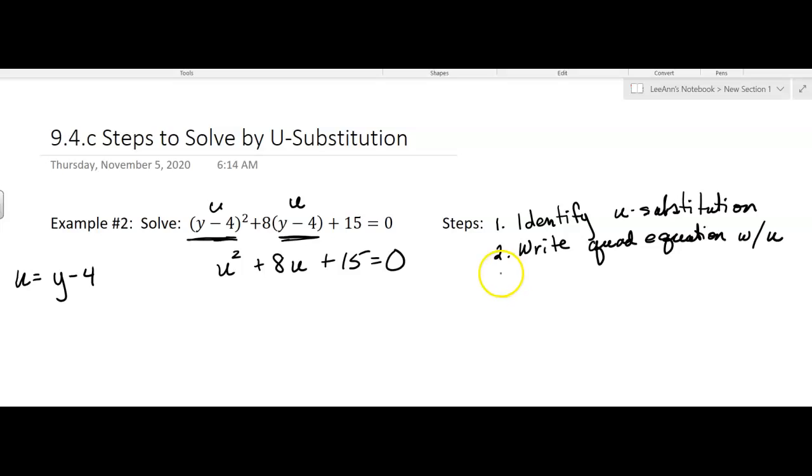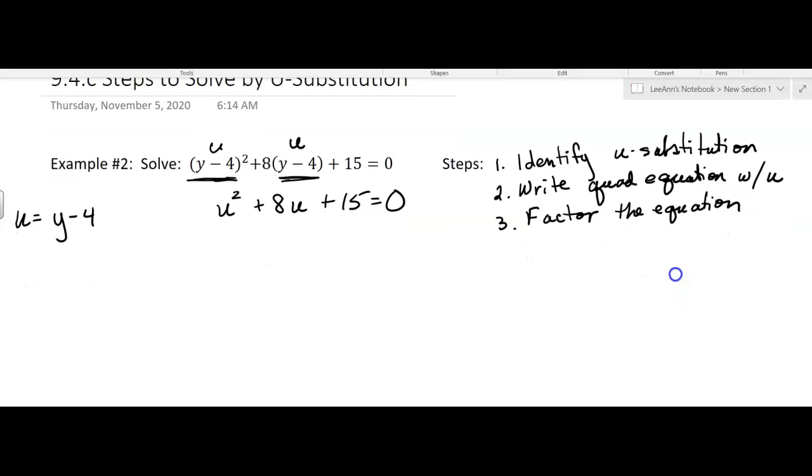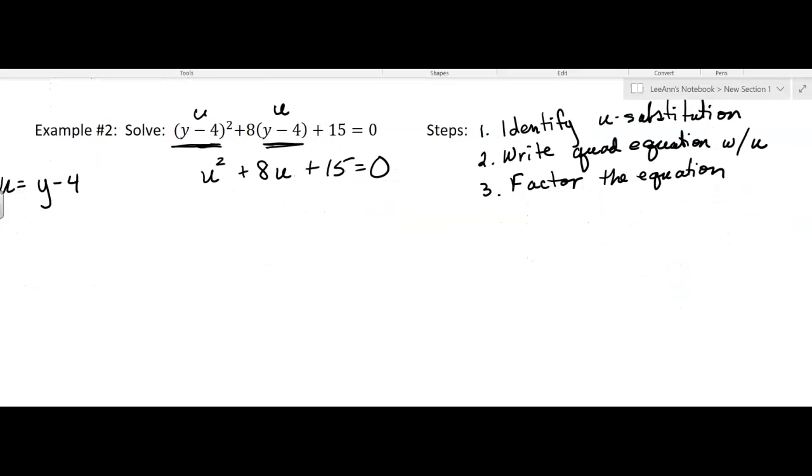All right, then you're going to factor that quadratic equation. Now, if you can't factor it, you could use the formula. These are going to factor generally. Very rarely do I see them not factor. So this one factors into U plus 5 and U plus 3, because 5 times 3 is 15, and 5 plus 3 is 8.